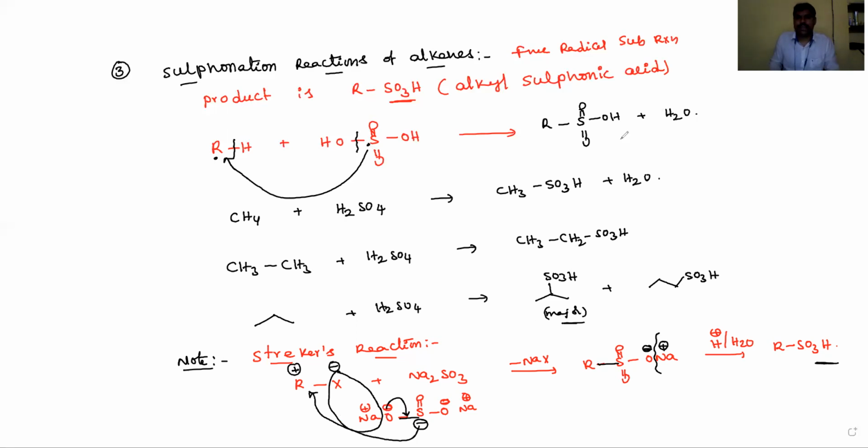Okay, dear students, let's see the next important chemical property of alkanes, which is combustion of alkanes. Combustion reactions are nothing but oxidation of alkanes, which can be complete oxidation, controlled oxidation, or partial oxidation. Complete oxidation of alkanes gives carbon dioxide and water, and these reactions are highly exothermic and release a lot of heat.